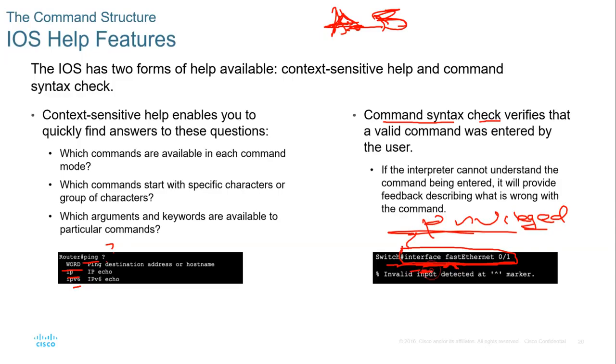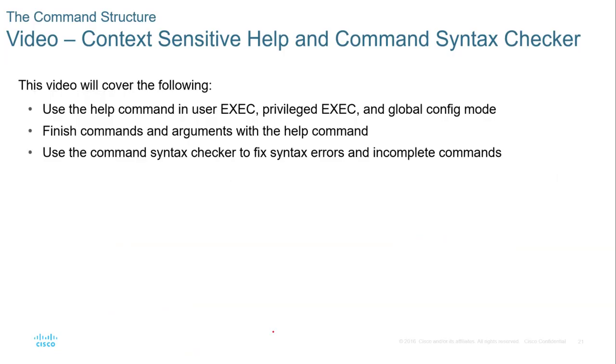That is why we can run this command. But the question mark is the same: you can type ping space then question mark to see what to add on, or type show space and a question mark to see what next option you can add.